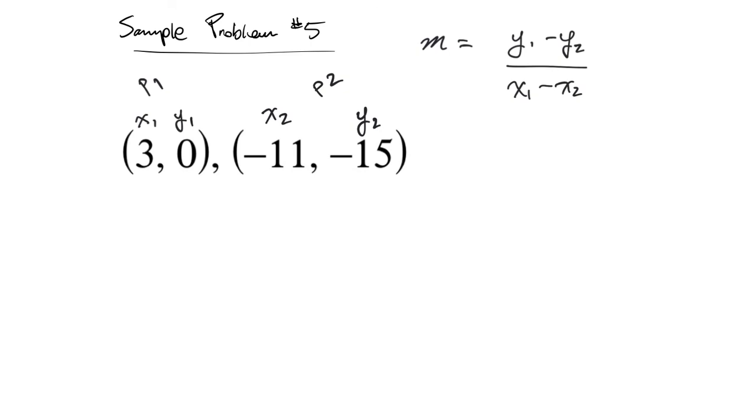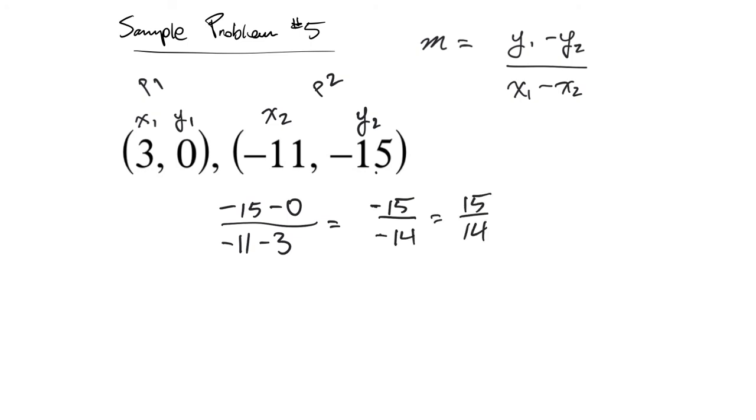So let's start with this one, -15 minus 0 over -11 minus 3. It's going to give me -15 over -14, which is the same as 15 over 14 because a negative divided by a negative is positive. So you see I switched. I used y1 over x1. This time I did y2 over x2.